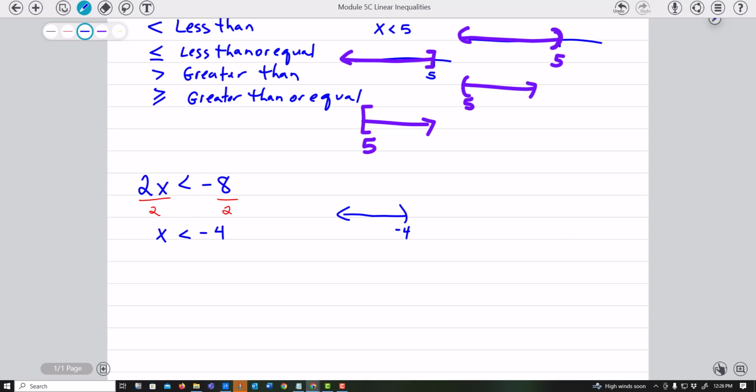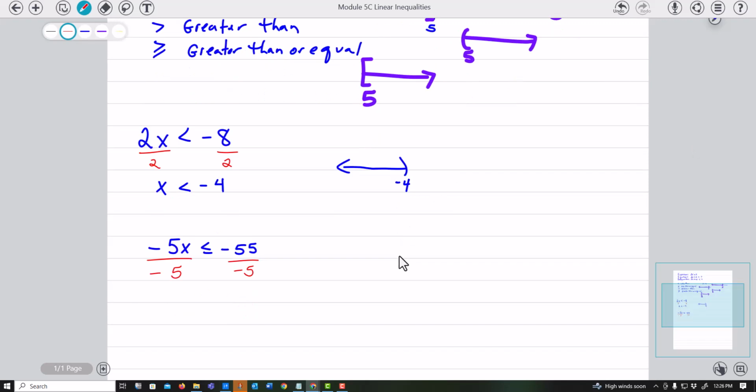And so if I have something like -5x is less than or equal to -55, anytime you multiply or divide by a negative value, which is what I'm doing, you flip the sign. So something you have to remember. And thus in this case, I am going to have x is greater than or equal to 11.